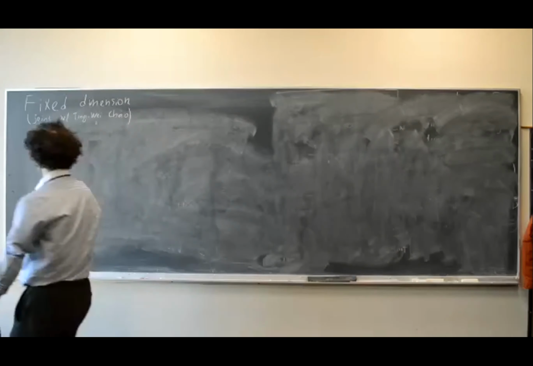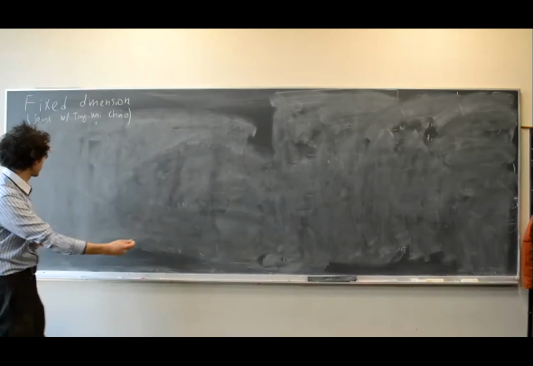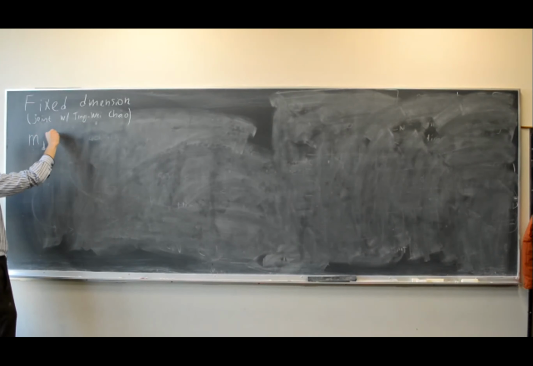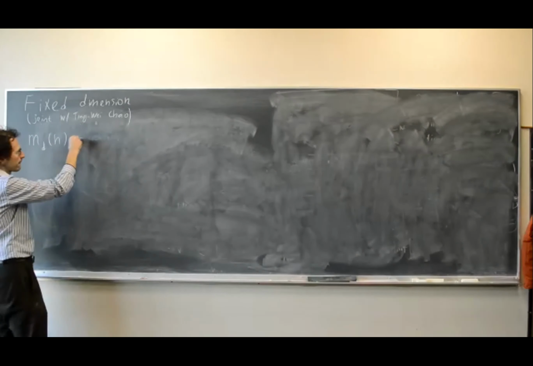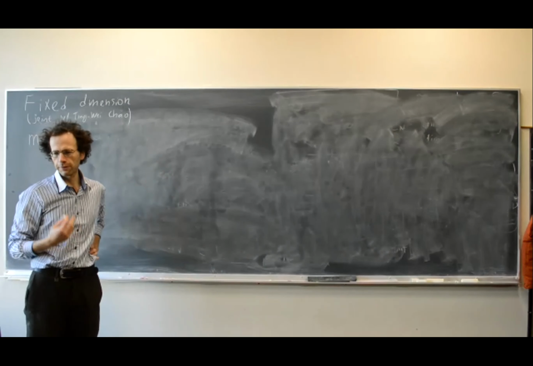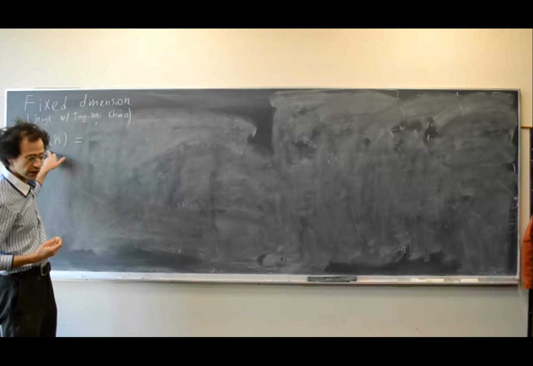So let me just introduce my own notation. I will not repeat the definition. I just want to introduce the notation. I will denote by M_d(n) the optimal dispersion of n points in dimension d in the unit cube.